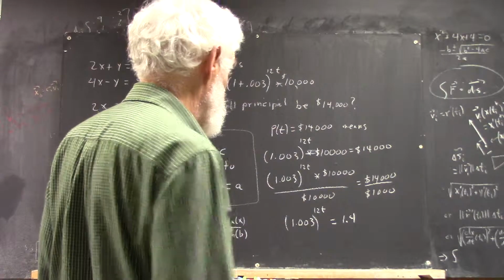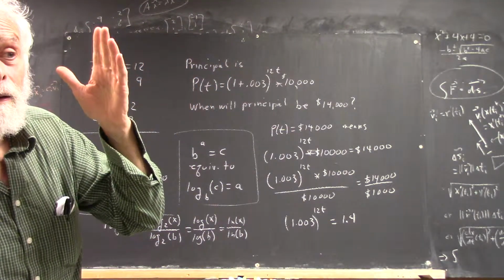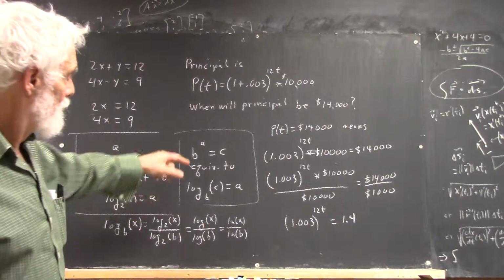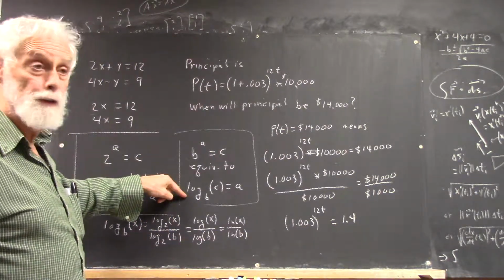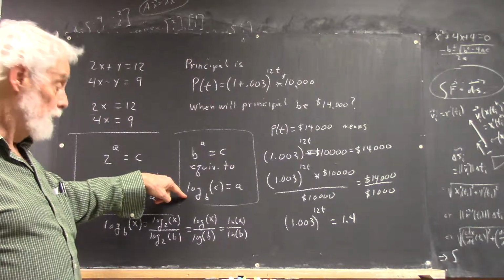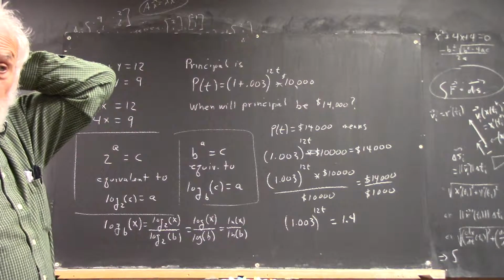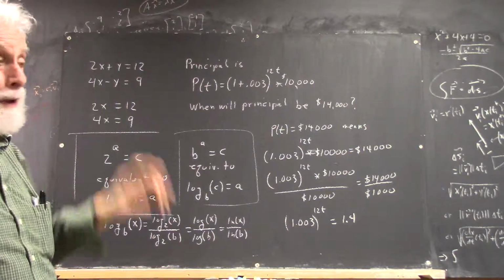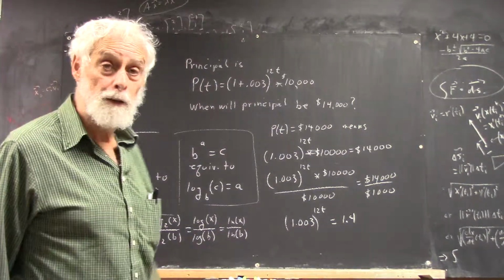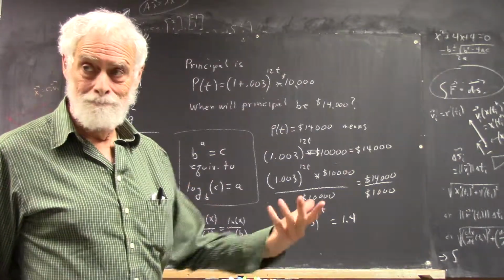Can you now put it into the form of log? Yeah. Now you're in this form, you can change it to this form, which is going to give you something you can punch into your calculator if you just use this. Okay? And you're going to need your calculator. This is the first time you've really needed your calculator. But you can't do these logs by hand.